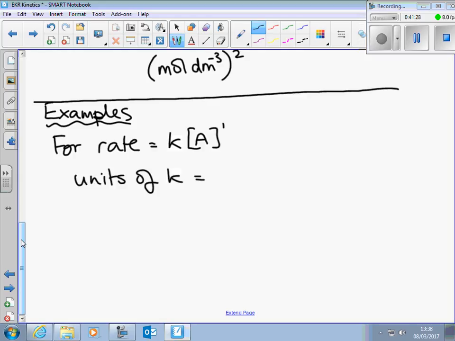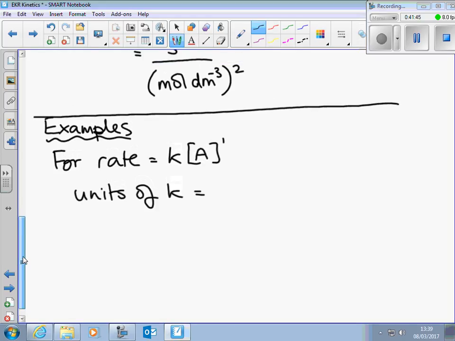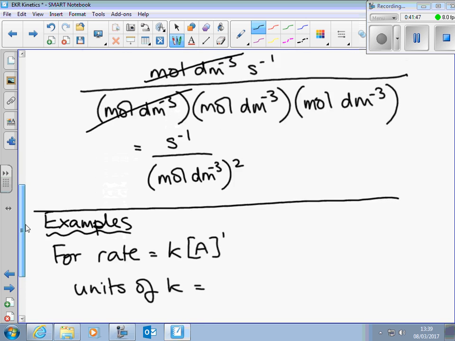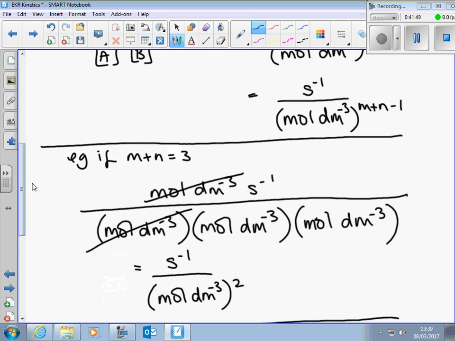All right, what's n plus n on here? 1. Yeah, we've only got a 1. And then on the bottom, it's n plus n minus 1, so we end up with nothing. So the units of k, all we're left with is the seconds to the minus 1, the bit off the top.